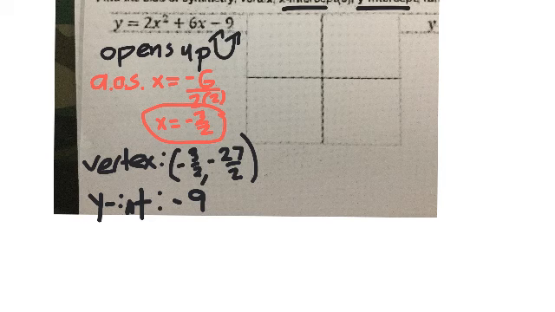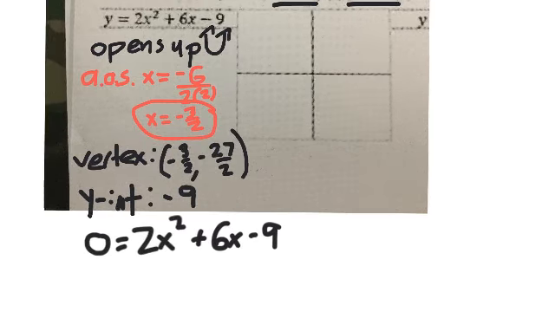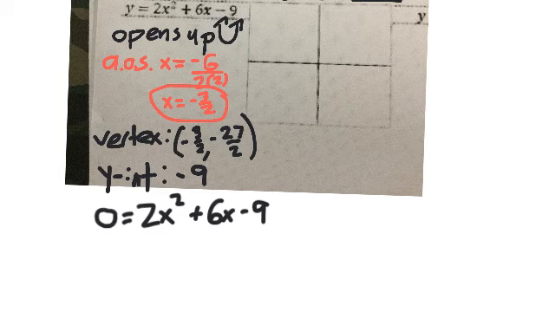Okay, to find my x-intercepts, we plug in 0 for y. So 0 equals 2x squared plus 6x minus 9. Again, you could use the quadratic formula to find the two possible x-intercepts, but I would try to factor first, so I would do a times c. 2 times 9 is 18.